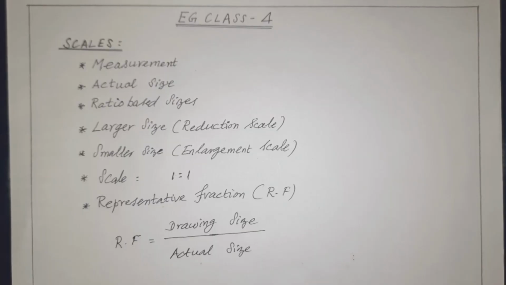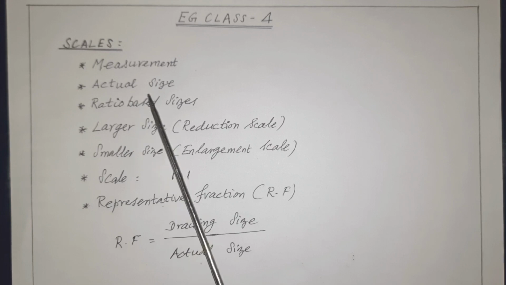In this video class, we see how scaling is used in engineering drawings. Here, first referring to the scales, as shown, it is used for measurement purposes of the objects. That is, the need is to draw the actual size of the object in the drawing sheet.